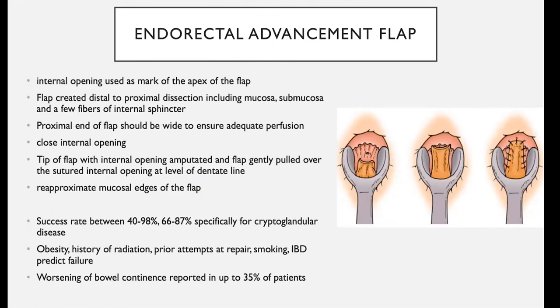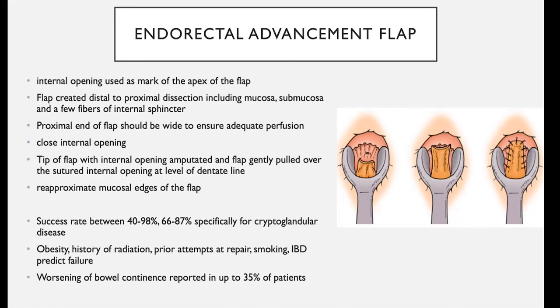Another technique that can be offered for fistulas that have a lot of sphincter involvement, where you cannot perform a simple fistulotomy, is an anorectal advancement flap. This is where the internal opening marks the apex of the flap, and you make a flap dissection from distal to proximal, including mucosa, submucosa, and a little bit of the internal sphincter.